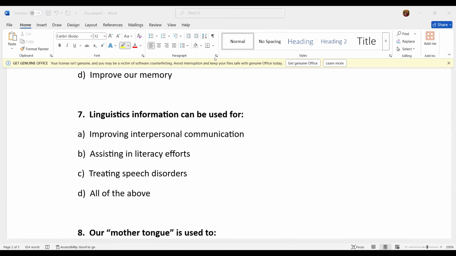Yes. Question number 7. Linguistics information can be used for, yes, it seems you have got confused between A and D. Some are telling what is the exact answer.